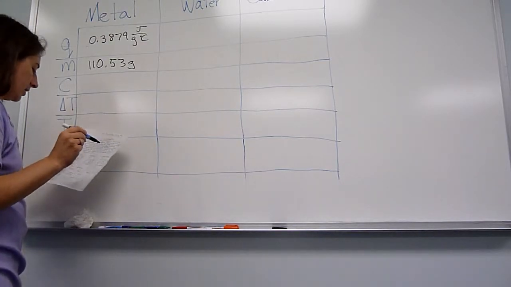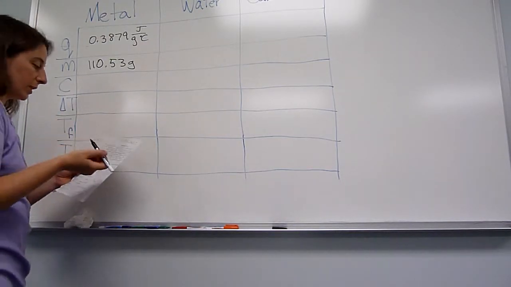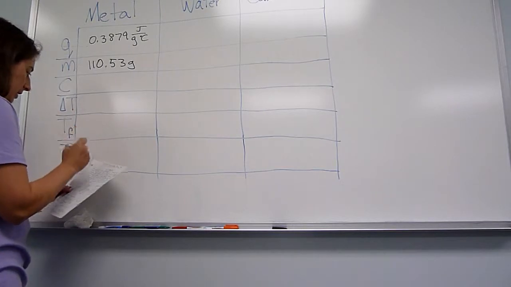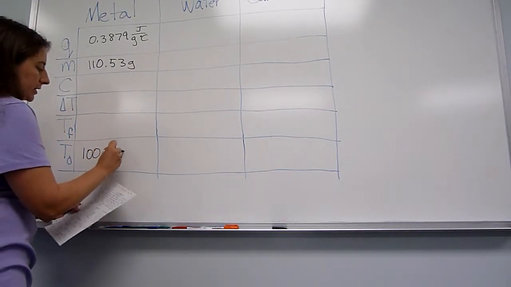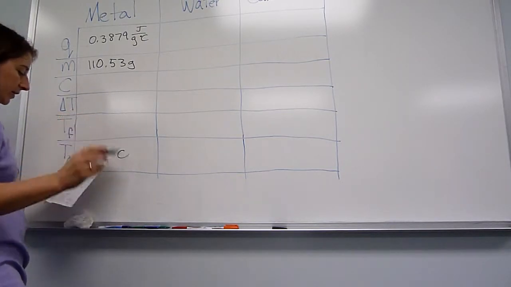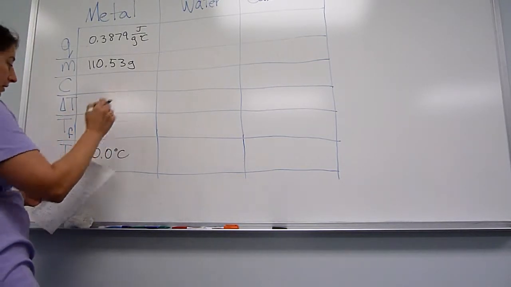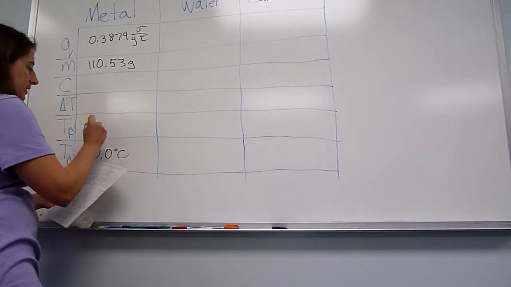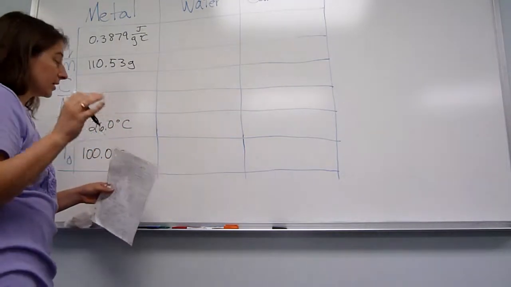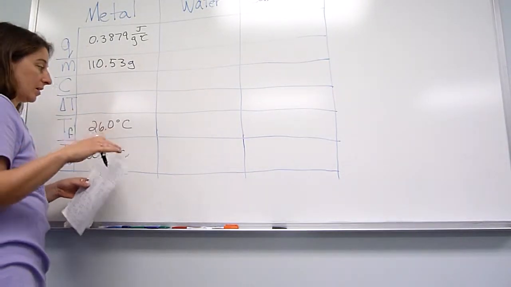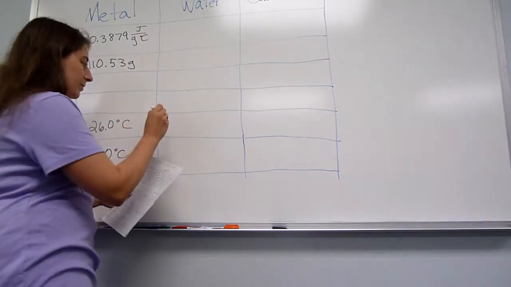We know that our metal comes out of boiling water with an initial temperature of 100.0 degrees Celsius. We know that the final temperature for everything is 26.0 degrees Celsius, because our goal in calorimetry is to get all of our components to the same temperature, an equilibrium temperature.